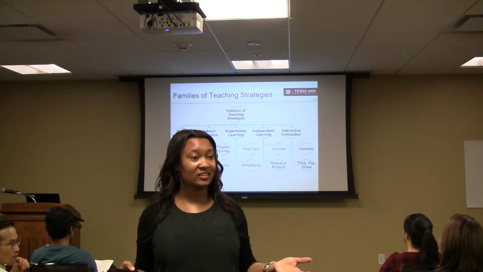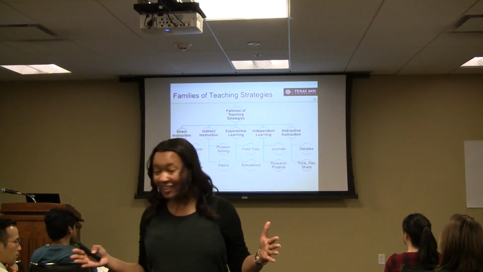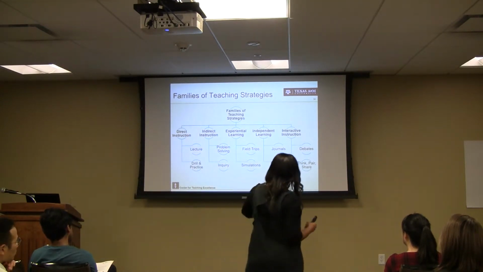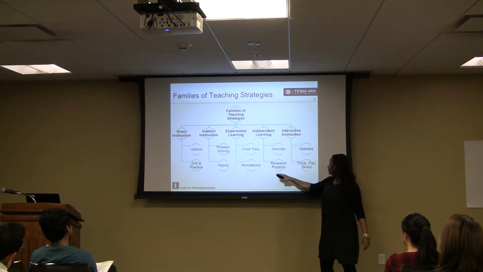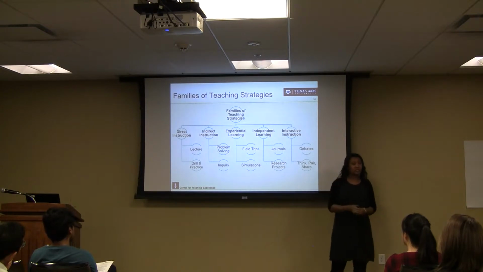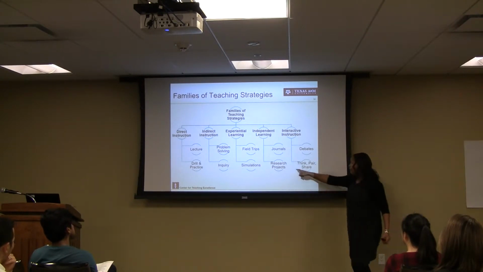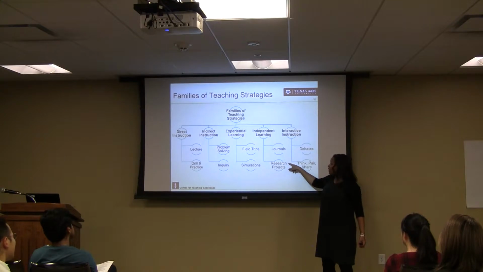Field trips. Real world as you can get, just about. Hands-on. Experiential learning. And then also simulations are located there. Yeah, we knew that was coming. That's right under experiential. Independent learning activities. Research projects. What do we call them? The 691s or is it 681s, 691s? Independent learning. That's a type of strategy as well.